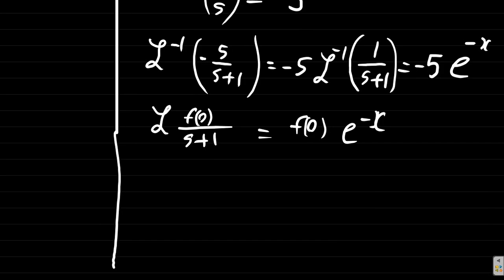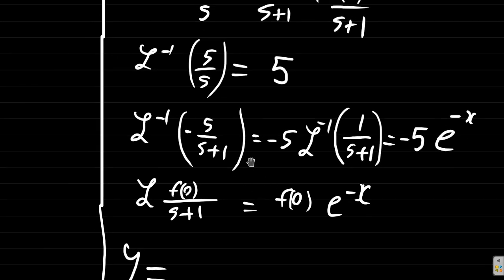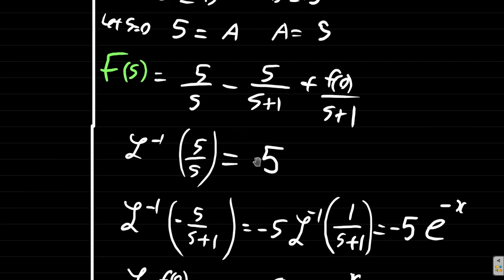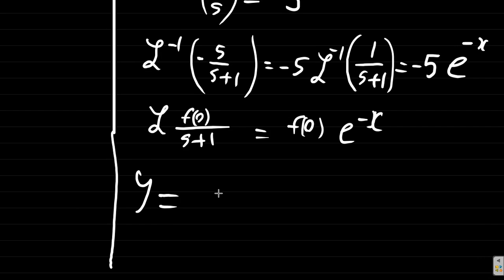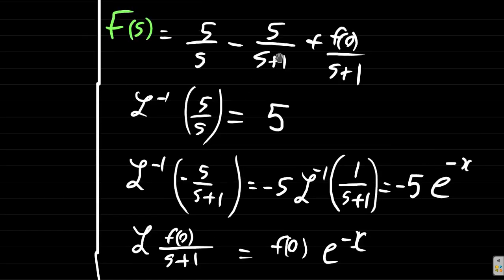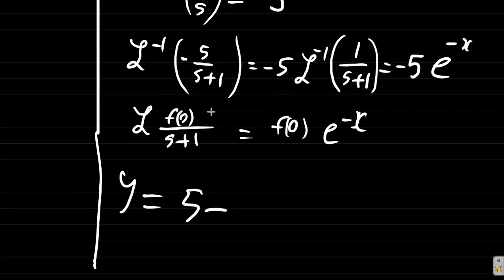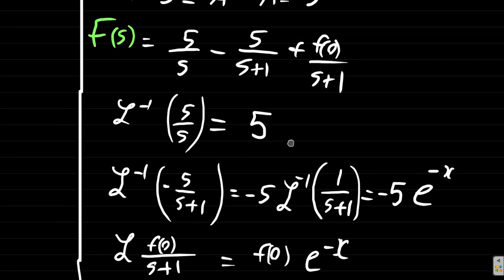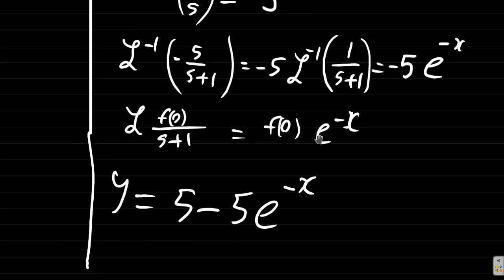We call it y. So y is equal to 5 minus the inverse Laplace transform of 5 over s plus 1, which will be 5 e to the negative x, and then plus f of 0 e to the negative x.